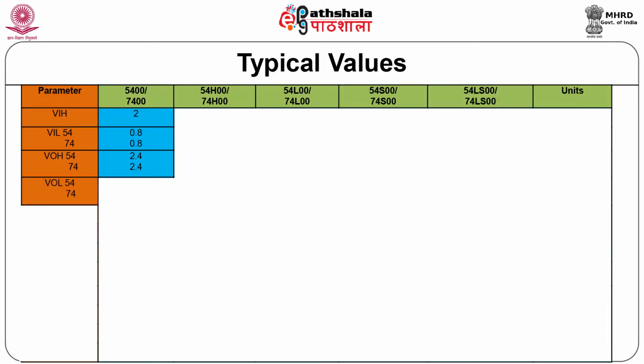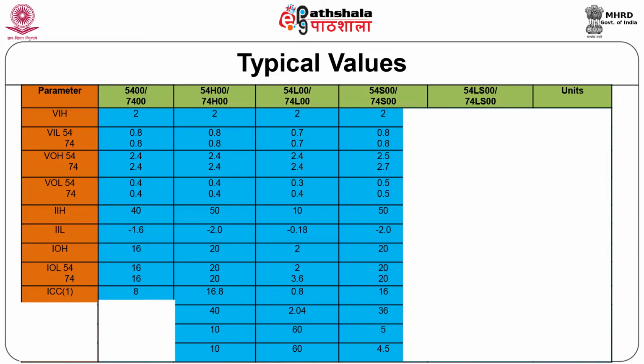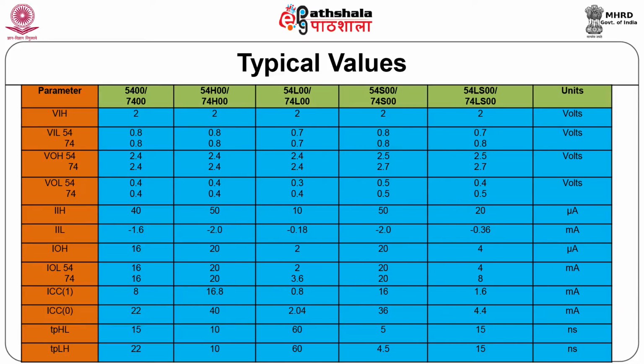Output voltage low is 0.4 for both series. High input current is 40 microamperes, then low input current is minus 1.6 milliamperes. So, in this way different parameters are listed in this particular table.